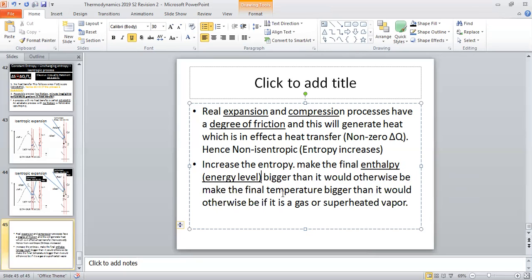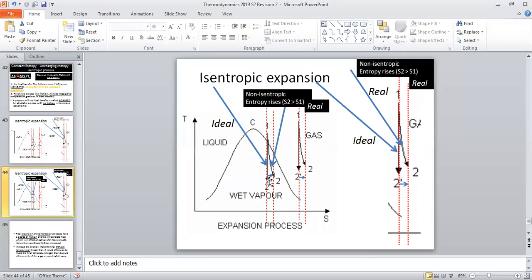Enthalpy bigger than it would be, or else temperature bigger than it would be, or else it can be a gas or superheated instead of vapor. So we can discuss this afterward.